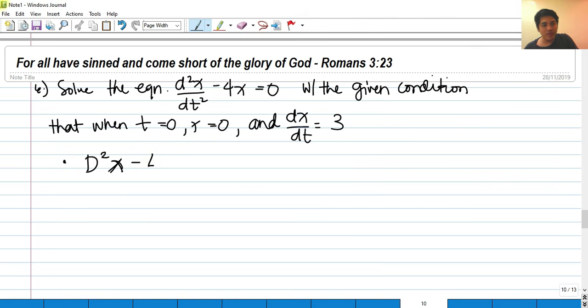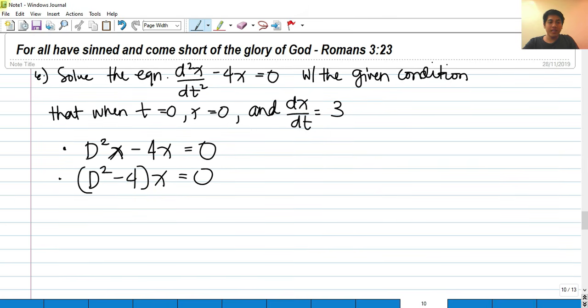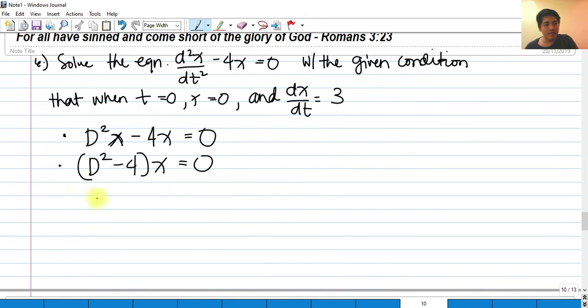So minus 4x is equal to 0, 4x only because this has no derivatives in it. So we factor x, so we have D squared minus 4 multiplied by x. That's the differential operator. Converting this into auxiliary, we have m squared minus 4 is equal to 0.